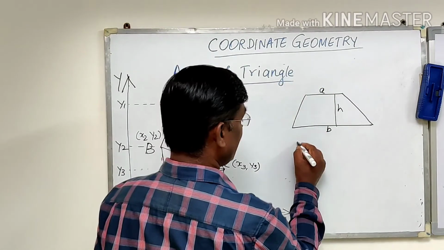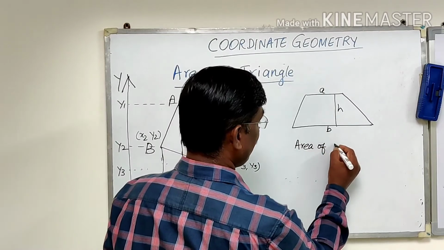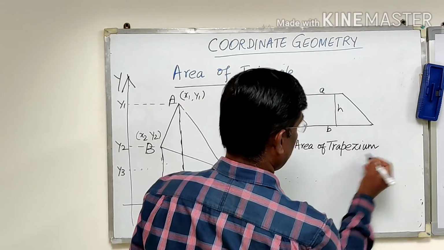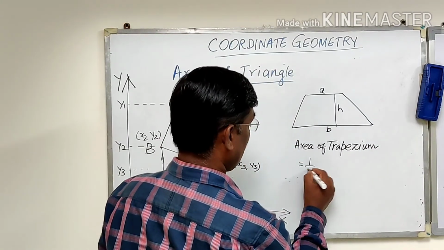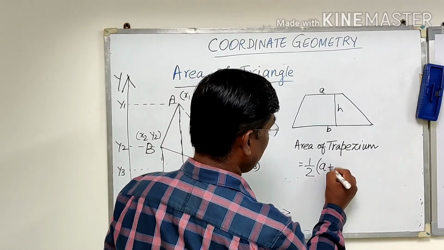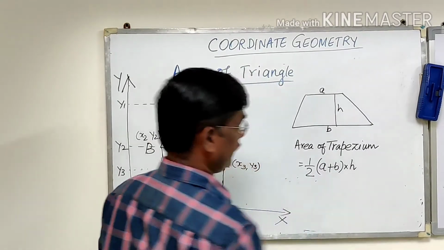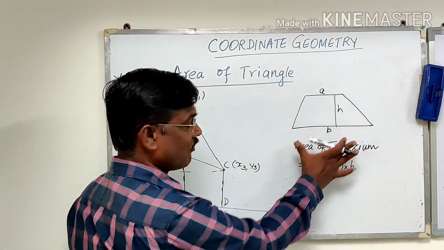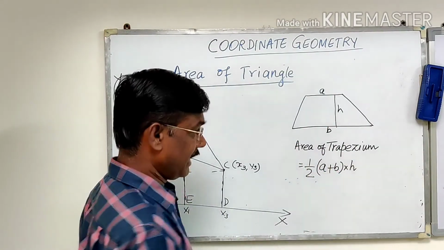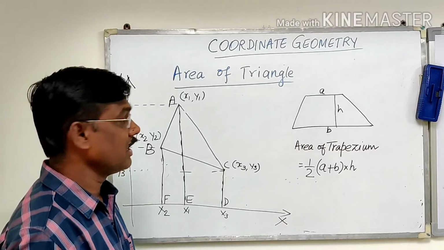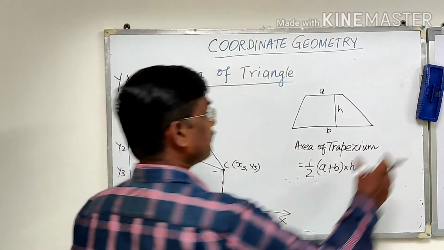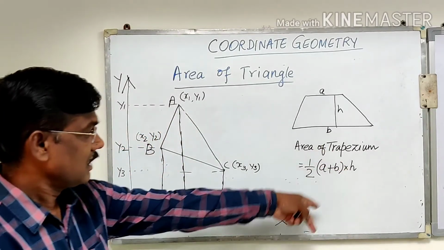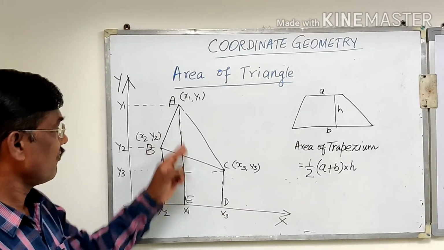Then area of trapezium is equal to half into A plus B into height. That is the sum of the lengths of parallel sides multiplied by the height. This is the formula for area of trapezium, right? So this you have to keep in mind, and we will use this formula to find the area of triangle.